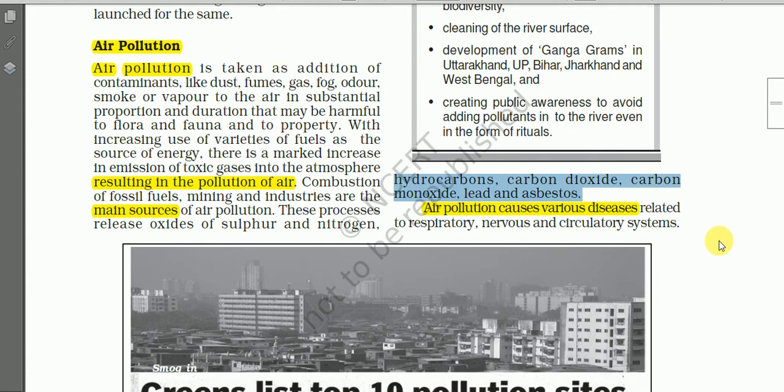Mining and industries release oxides of sulfur and nitrogen, hydrocarbons, mainly from fossil fuels, then carbon dioxide, carbon monoxide, lead and asbestos. So these are the harmful gases released from combustion of fossil fuels, mining and industries.